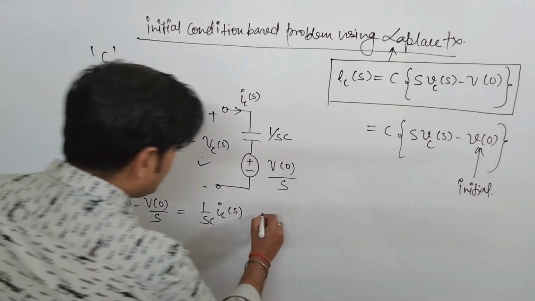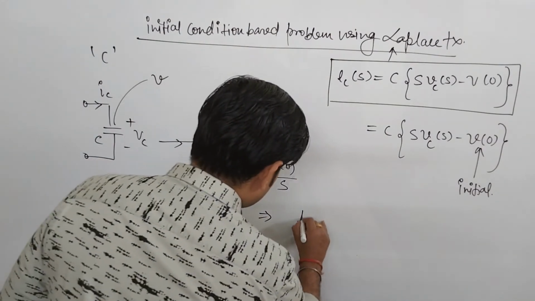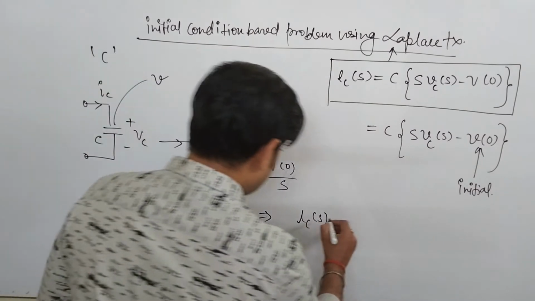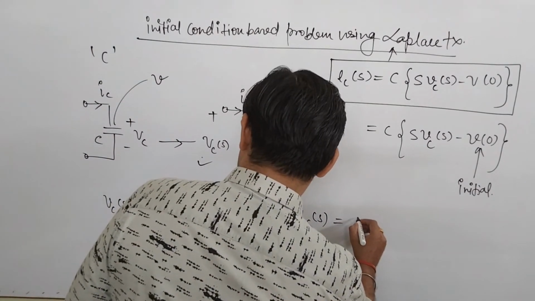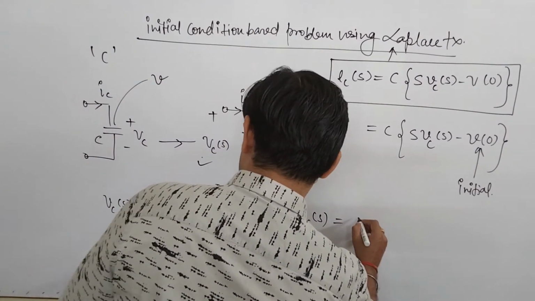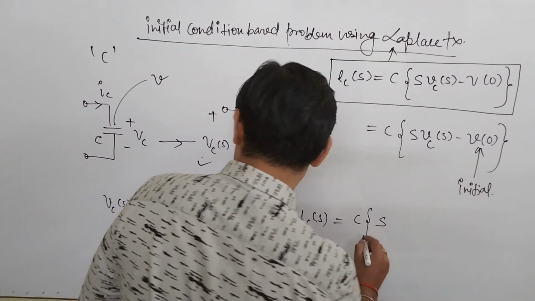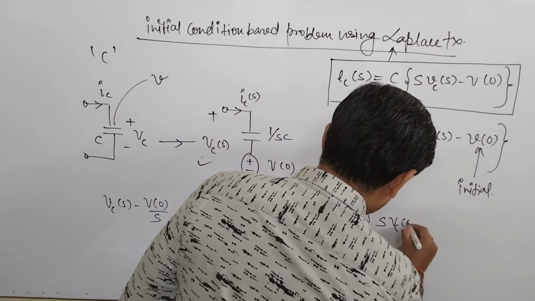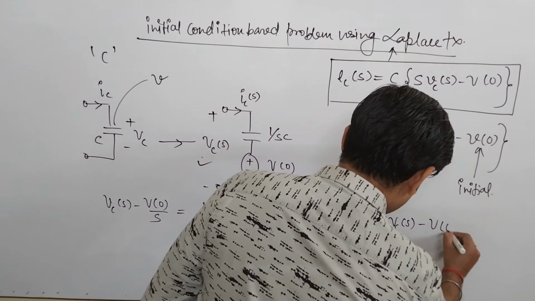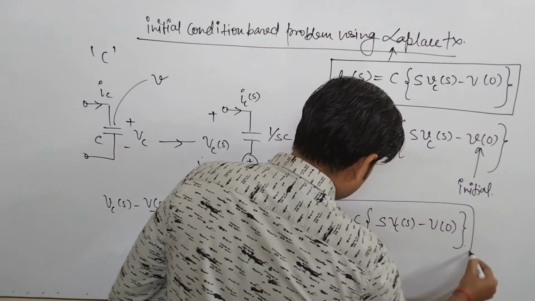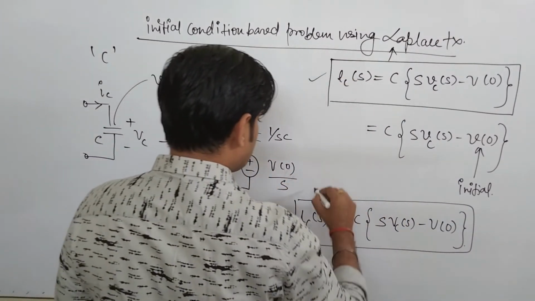If you rearrange this equation, this comes to be ICS equal to, I've taken C as common because it is multiplied in both the terms, so that comes to be C into S VCS minus V0. So if you see, these two equations are same, this equation and this equation.